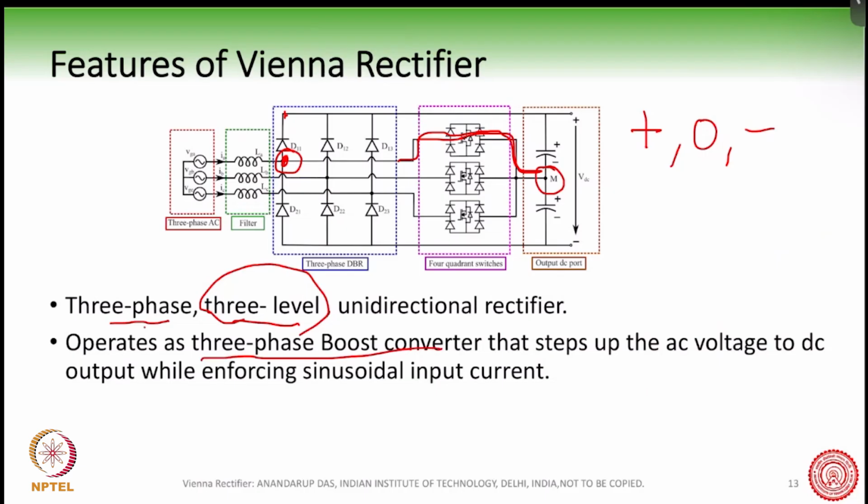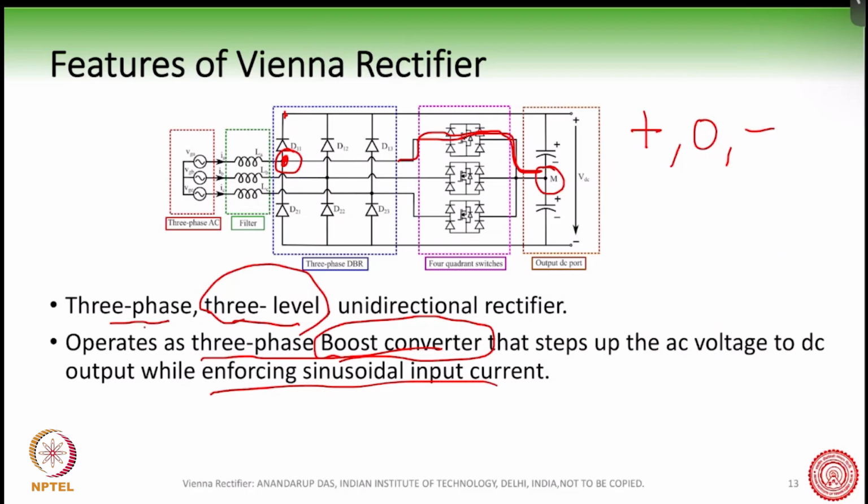Also, you understand that this is a 3-phase boost converter that steps up the AC voltage to a DC output while enforcing sinusoidal input current. This statement, a boost converter, depends on which direction you look into the converter.